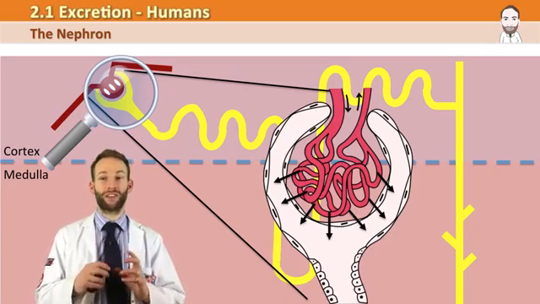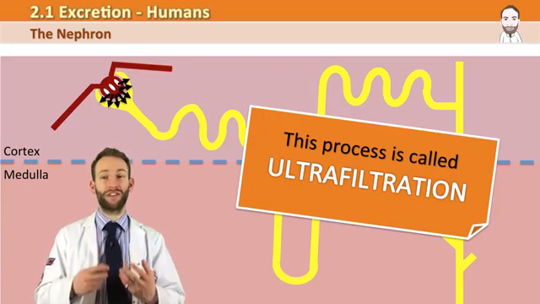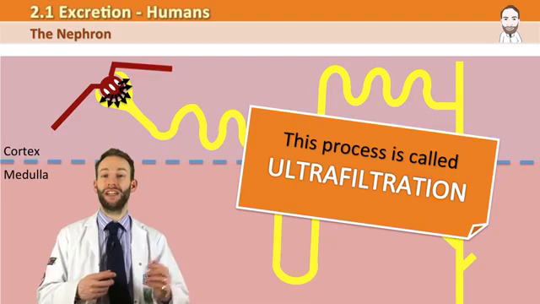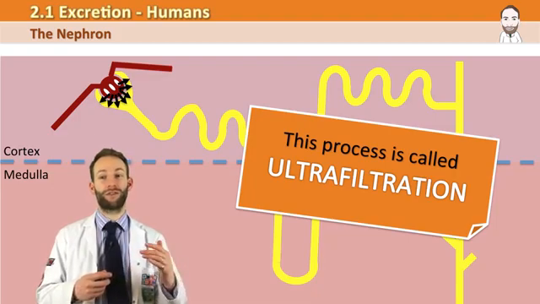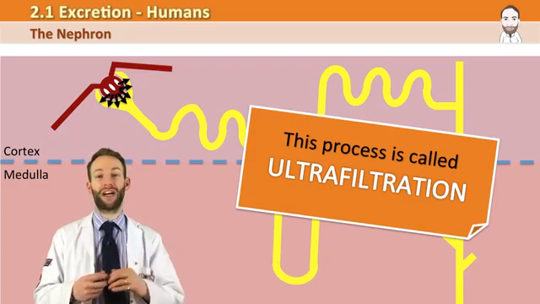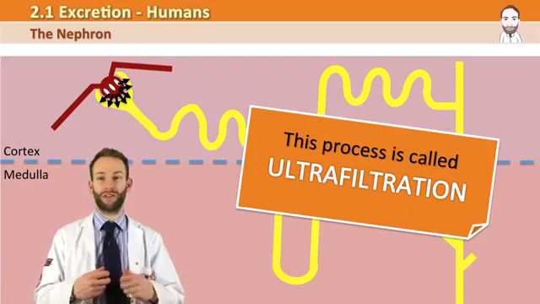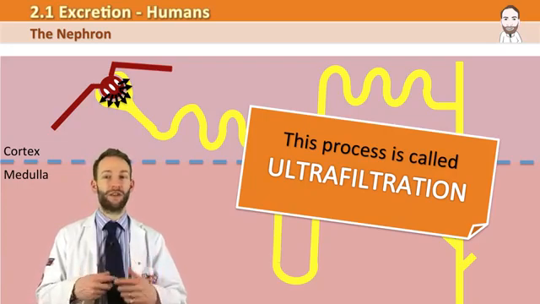This process is called ultrafiltration. The problem with this is that lots and lots of good stuff has just been filtered out of the blood, and if that fluid, called the filtrate, carries on down the nephron and out, it will be excreted as waste. You do not want to get rid of the glucose, you do not want to get rid of the amino acids.